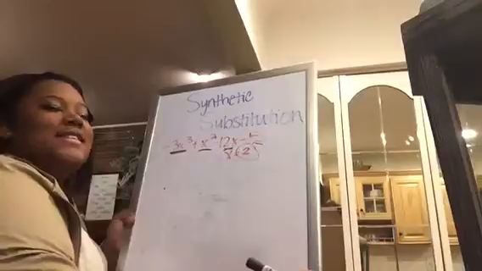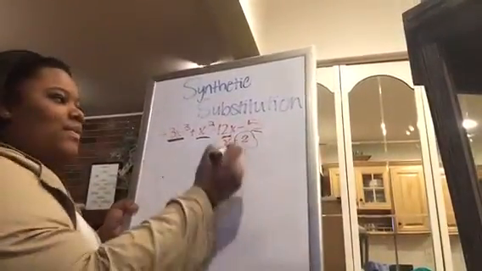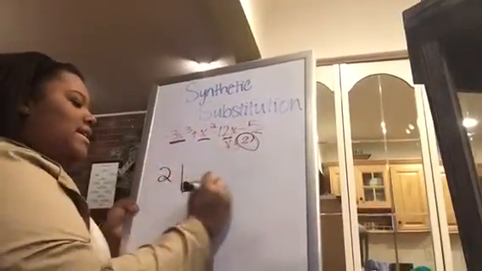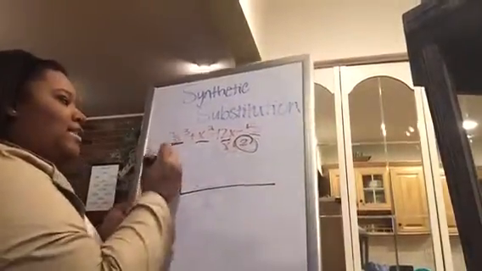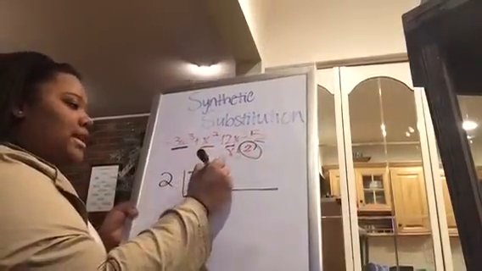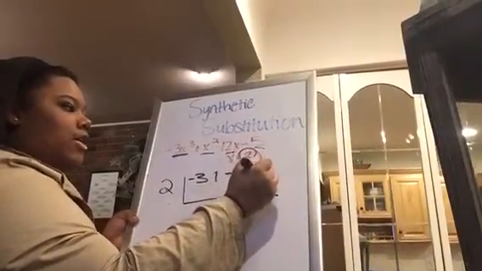Next, we'll be doing synthetic substitution. So you take the given, which is this number, and you put it right here. Then you make an upside down division box. You take this, you put it here. Then this, which is 1, you put it here. This here, and then this right here.